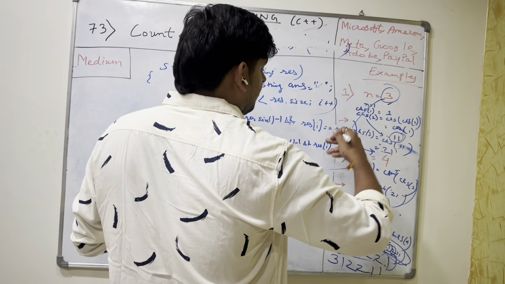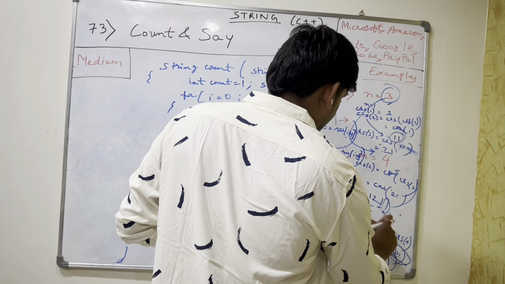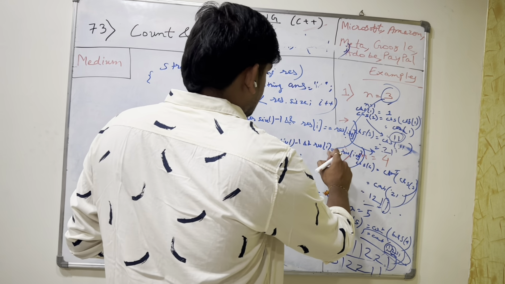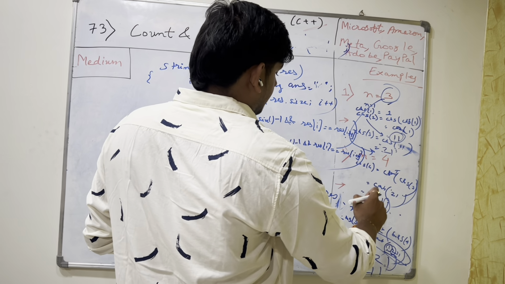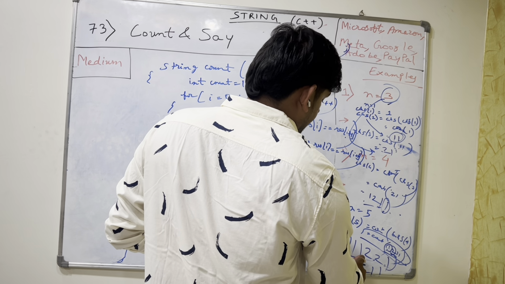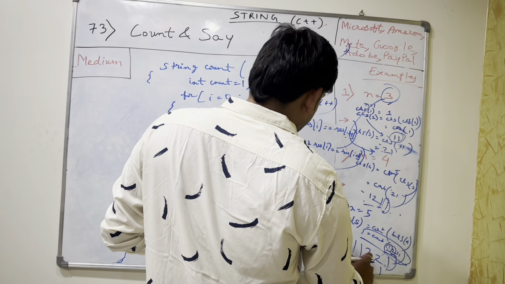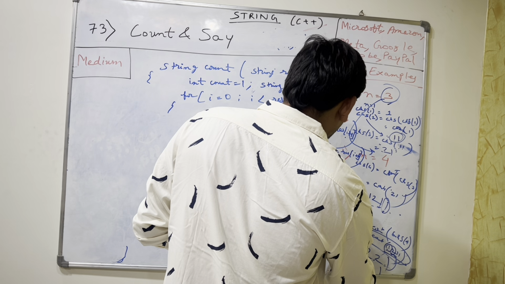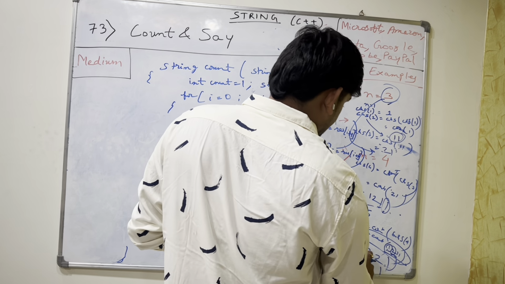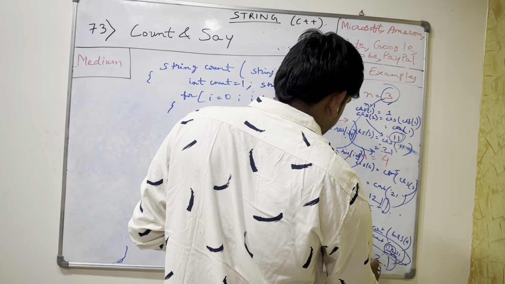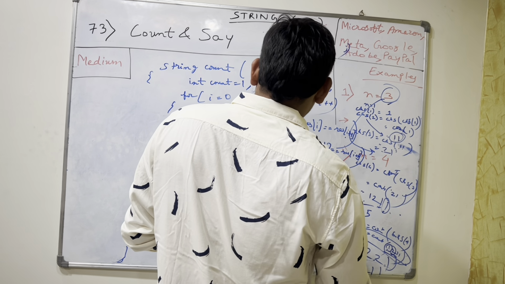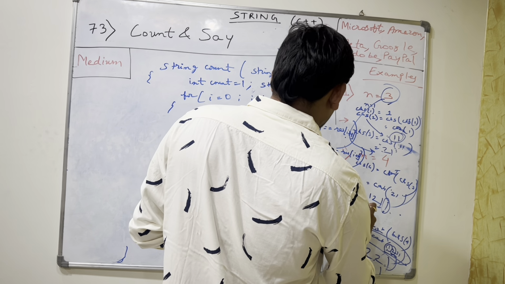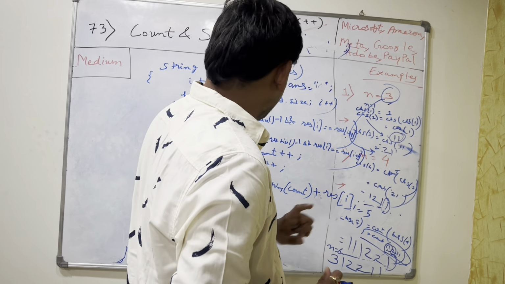When this loop is over, like 1 then 2 comes, right? So i is actually not equal to i plus 1, which means this is here. So we can give res of i, no problem, because this will not cross here, right? So that is okay. So we have added this res i.